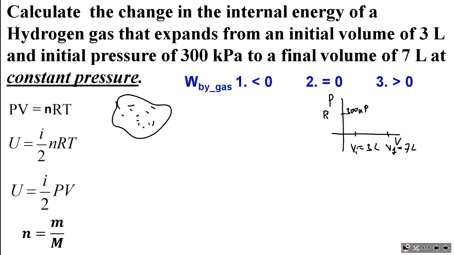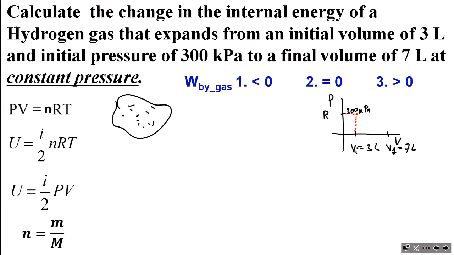300 kilopascals, and because the pressure has to remain constant, this is the initial state. This red dot represents the initial state when the gas has the volume of 3 liters and the pressure of 300 kilopascals.